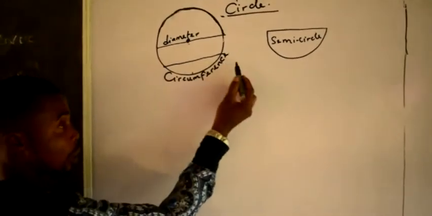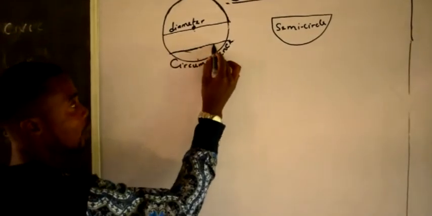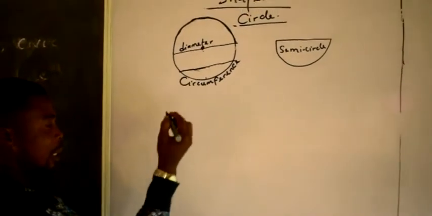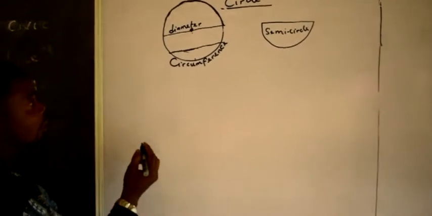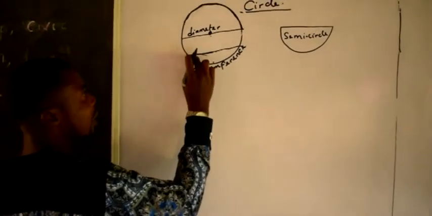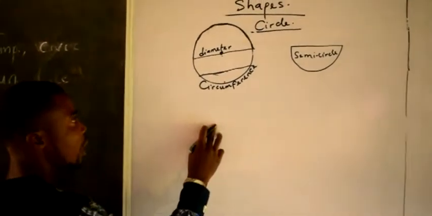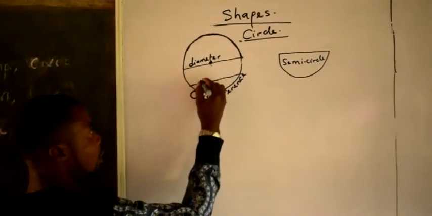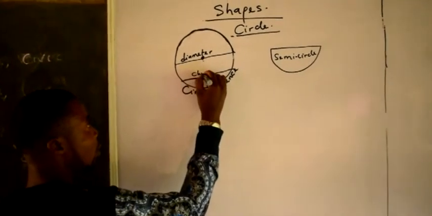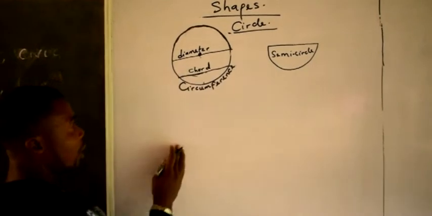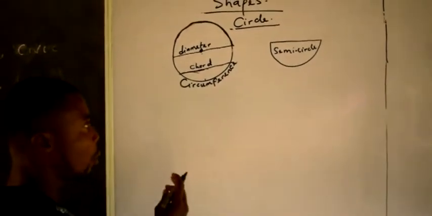Let's assume it's a straight line, because my hand is not that straight. The line is called a chord.